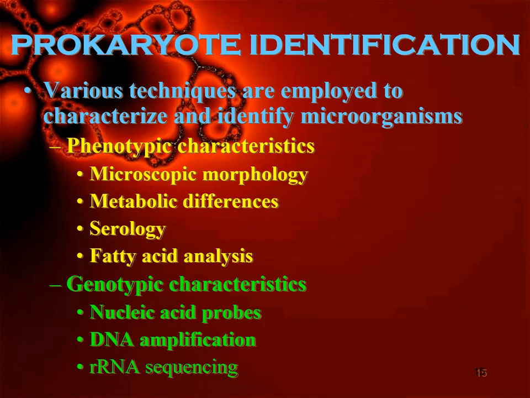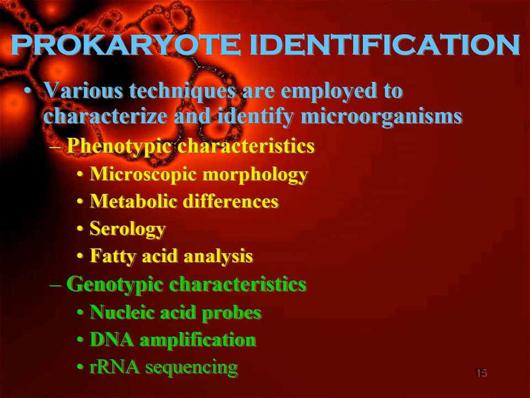Prokaryote identification. Various techniques are employed to characterize and identify microorganisms, divided into two levels: phenotypic characteristics and genotypic characteristics. In phenotypic characteristics, there are many techniques used to identify and characterize microorganisms: microscopic morphology, metabolic differences in biochemistry, serology, and fatty acid analysis.